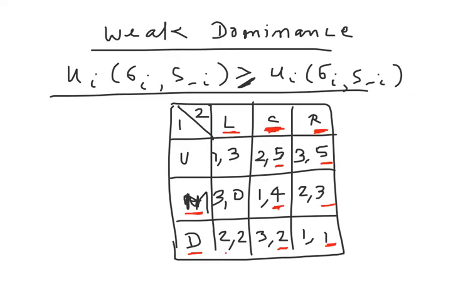But if player 1 chooses up, then C gets an equal payoff of 5. So clearly, strategy C weakly dominates strategy R for player 2 here.